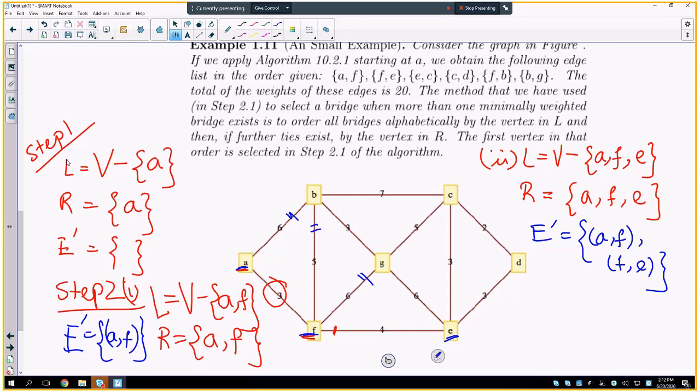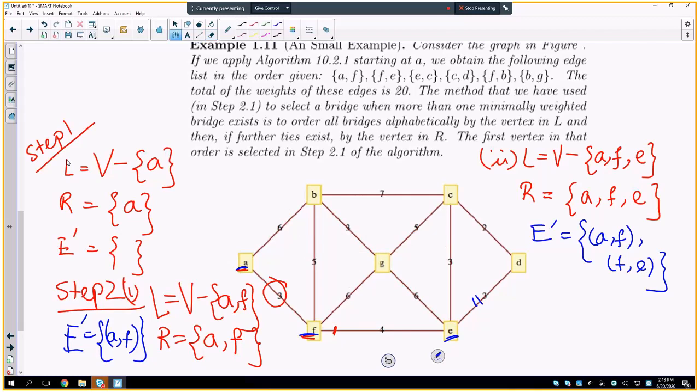But I have this one, this one, and this one. So what we will do now is choose the least possible weight. The weights are 6, 6, 6, 3, and 3. I have 2 minimum weights of 3, so simply choose one. Doesn't matter which one. So let's say, for example, I choose the edge between E and D. It does not matter. I could have chosen between E and C.